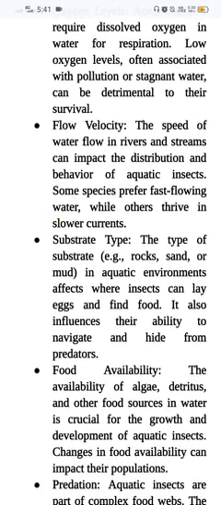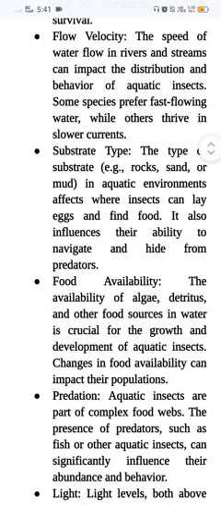Whatever the substrate is, that is definitely going to influence their aquatic environment, which will create some difficulty or sometimes facilitate the capture of food or their egg laying. It also influences their ability to navigate and hide from predators.